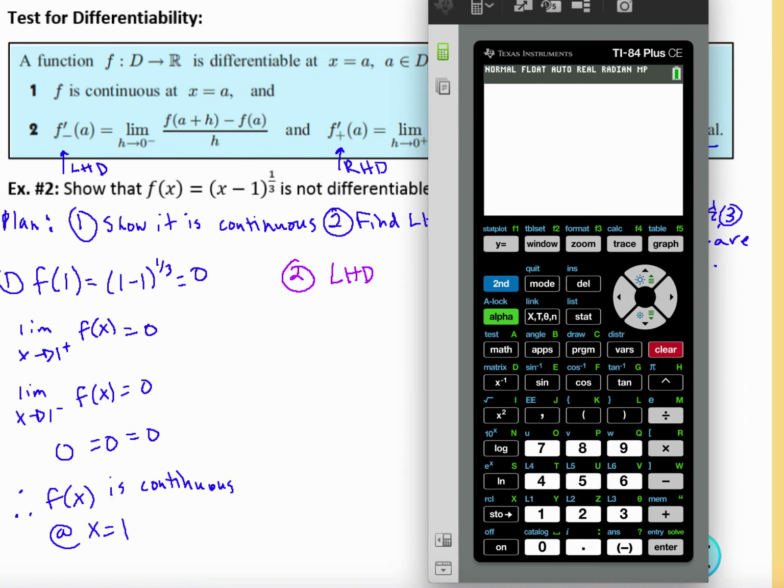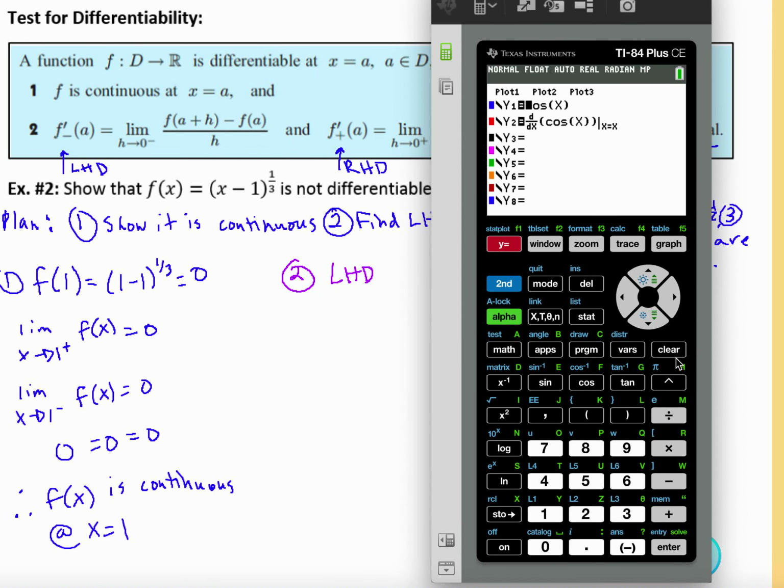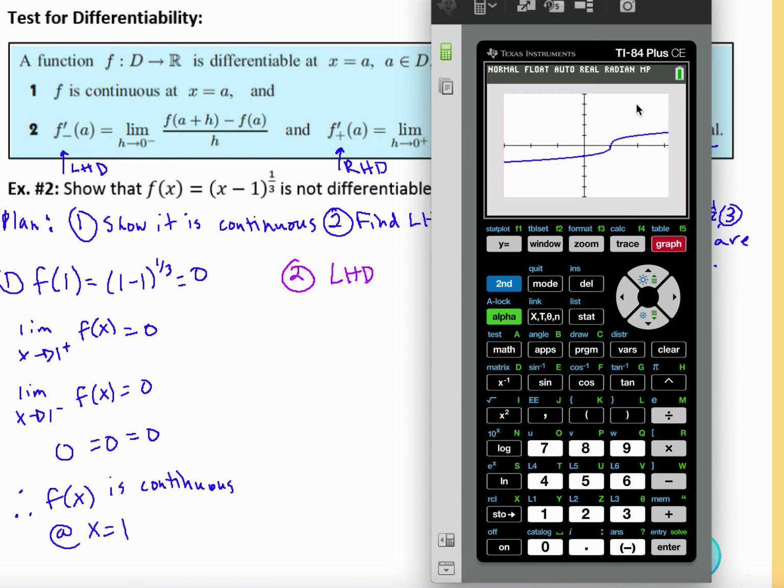So if we're going to graph this, y equals, clear. Okay, so as x is getting closer and closer to 1, look what's happening to my slope.